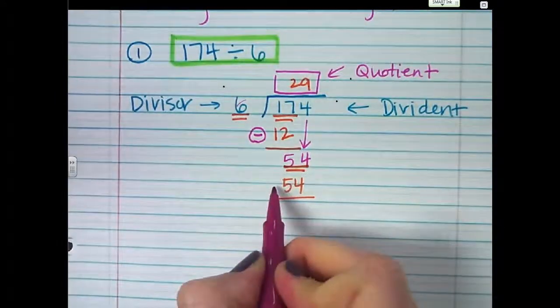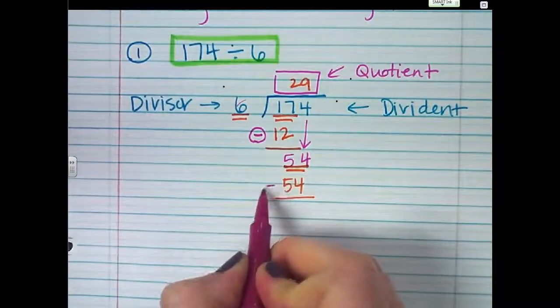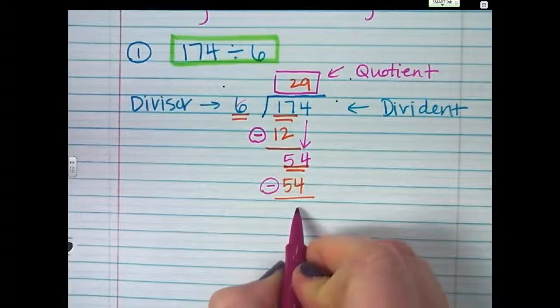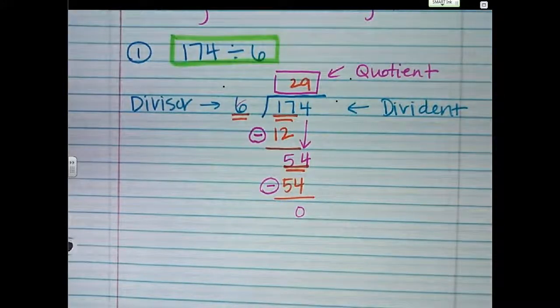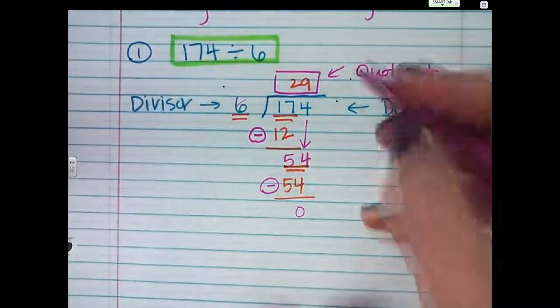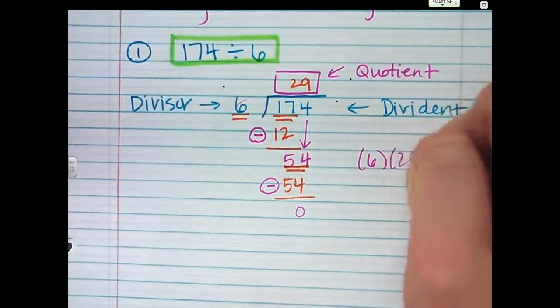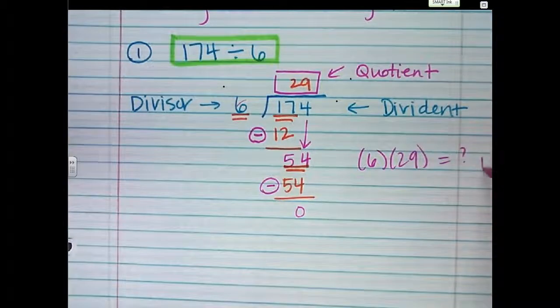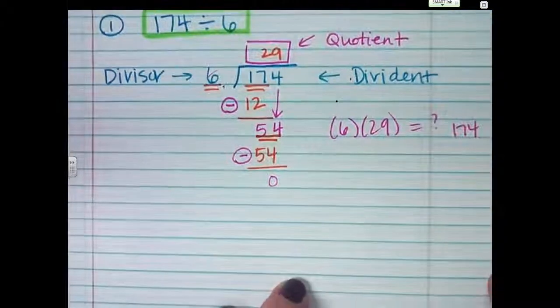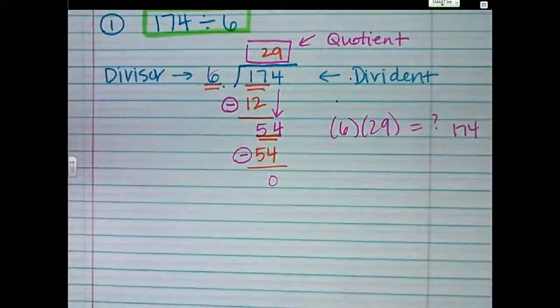What do I do here? Subtract, and I get 0. So my remainder is 0. So then my answer is just 29. Could I check this? Yes. What do I do? Right, just multiply 6 times 29. Does that equal 174? So you technically could check your answers today also. It just obviously is a little more work.